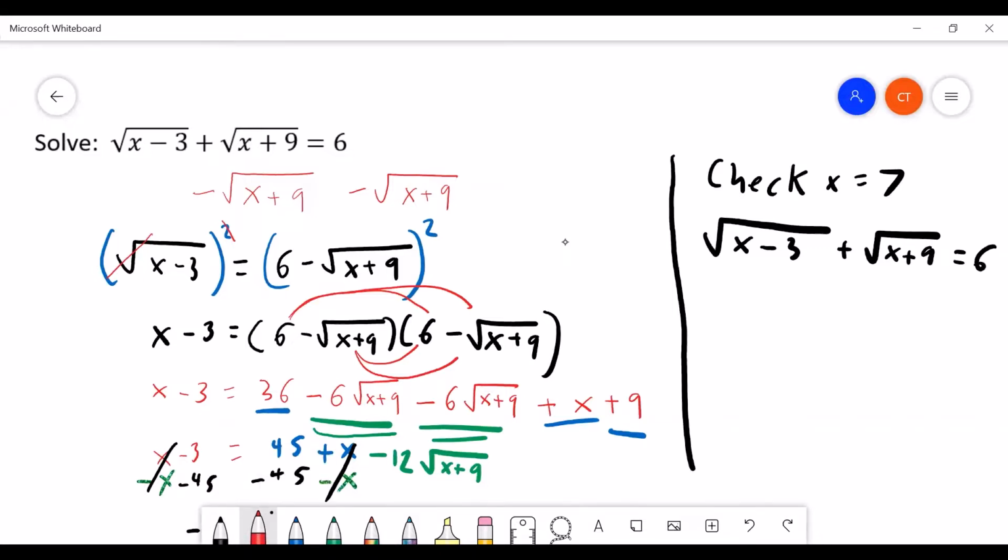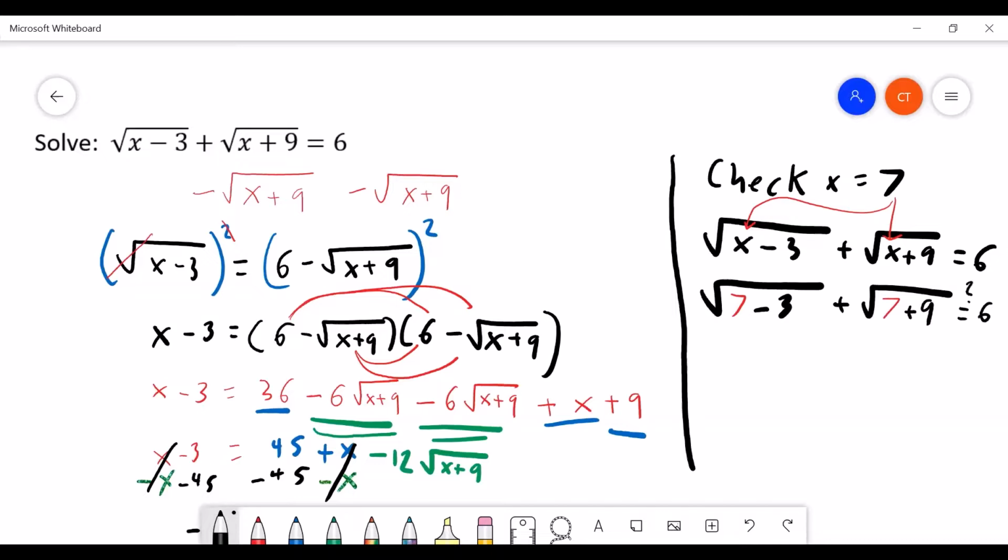Substitute 7 for both x's in the original problem. So we're wondering, does the square root of 7 minus 3 plus the square root of 7 plus 9, does that expression equal 6?